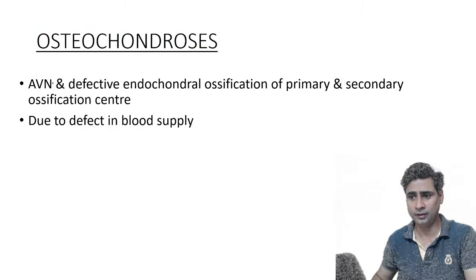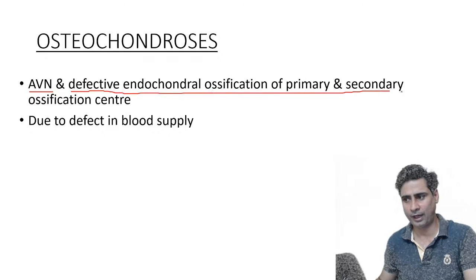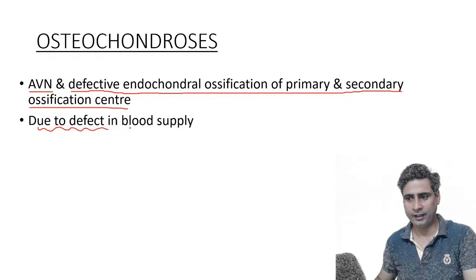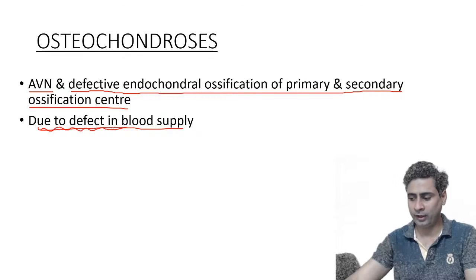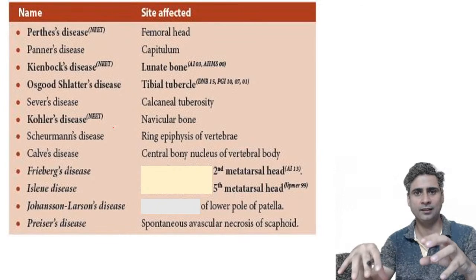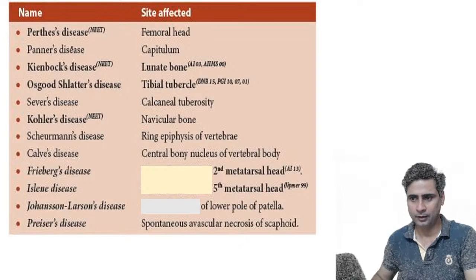What is osteochondrosis? Avascular necrosis and defective endochondral ossification of primary and secondary ossification centers, and it is due to defective blood supply. And the important osteochondroses which are commonly asked in your PG entrance exam, and you will have to remember for your university exam also, are these.